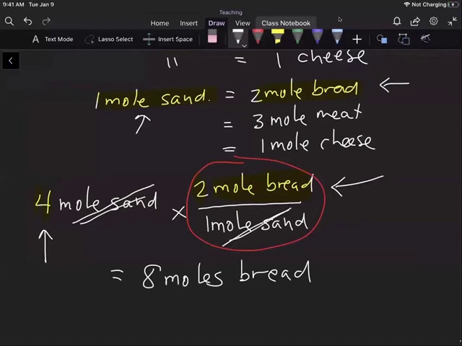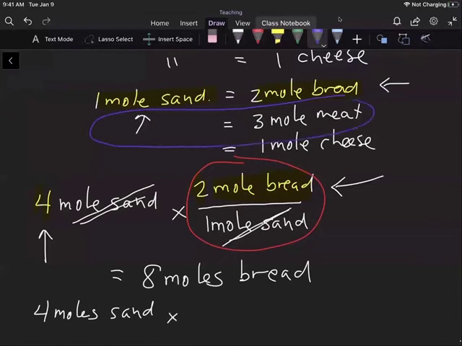So let's say I want to make 4 moles of sandwiches. I want to know how much meat do I need? I take my ratio, which is now here. So for every 1 mole of sandwiches, I need 3 moles of meat.